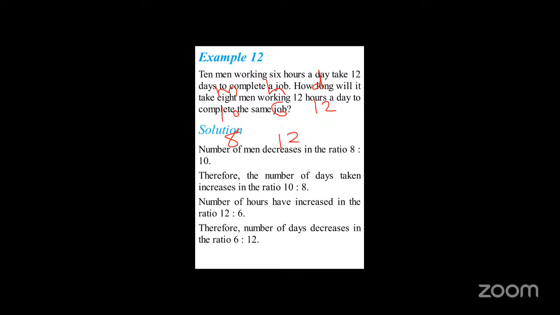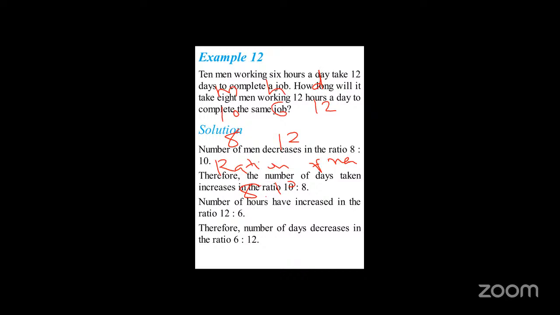So for this one, tutaenda tu tuandike hapo the ratio of men. Ratio of men hapa ni 10. Ukiangalia initially walikuwa 10 wakaenda 8, so in that case is the decrease. So ratio decrease tukasema inaandikwa as 8 ratio 10.